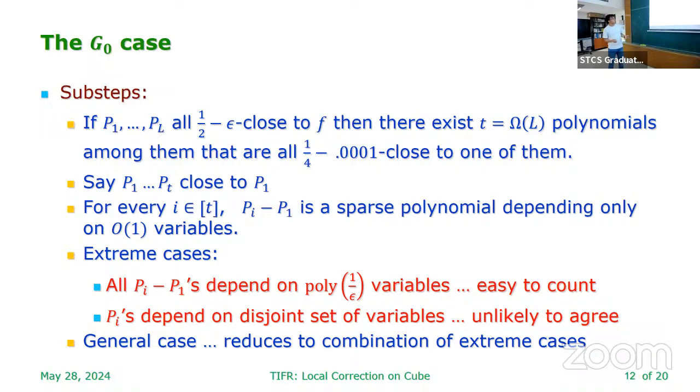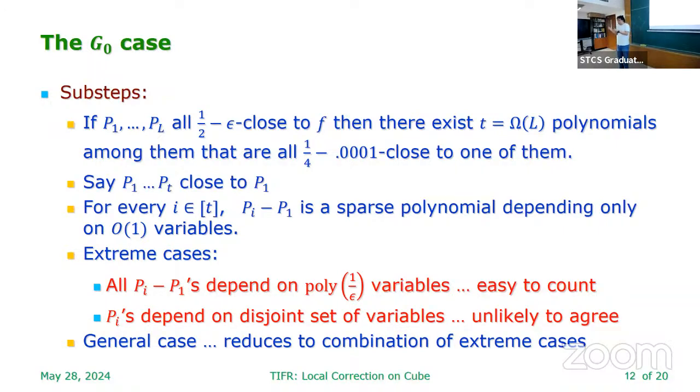So you want to take advantage of this fact, and then there's a whole collection of reductions. The first thing that you can do is start looking at all of these polynomials and ask how close they are to each other. You build a graph on these polynomials based on how close they are to each other. If they are very far from each other, they can't be mutually close to a function f. That helps us.